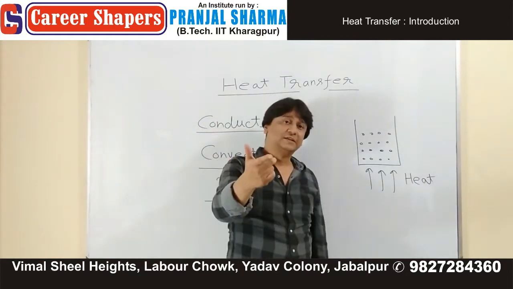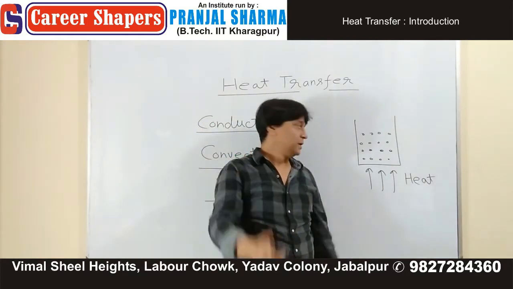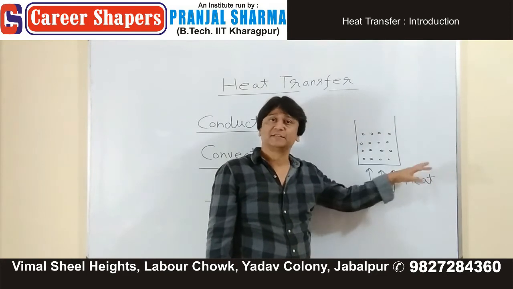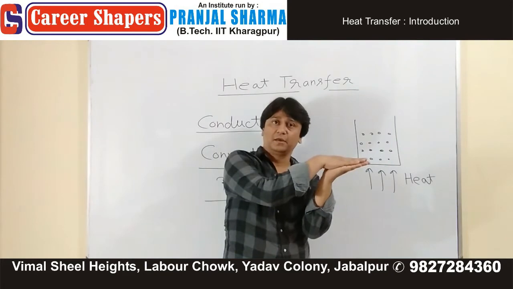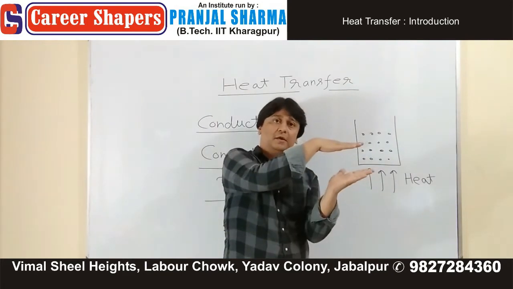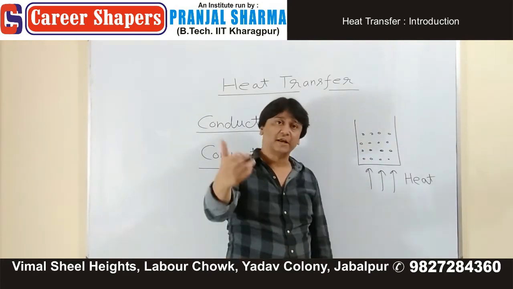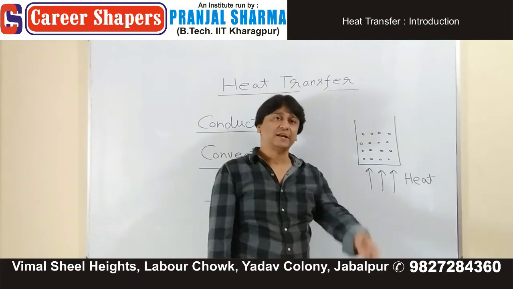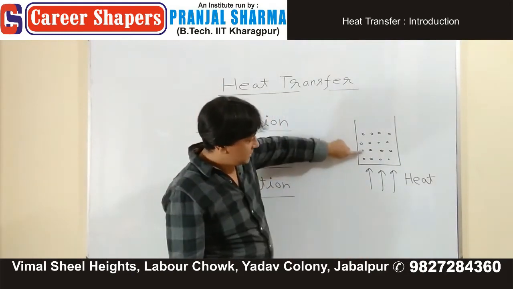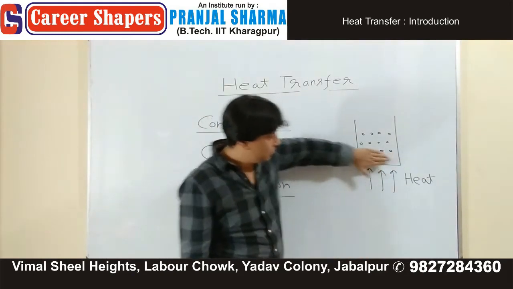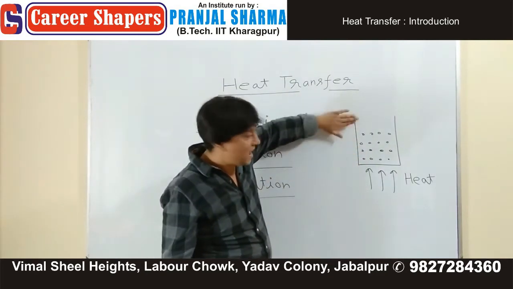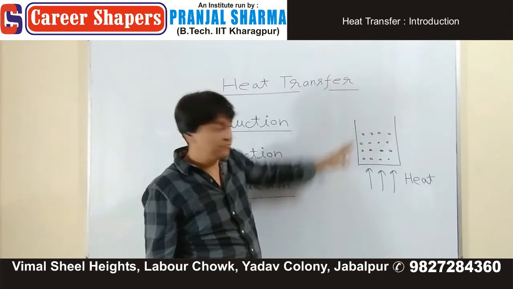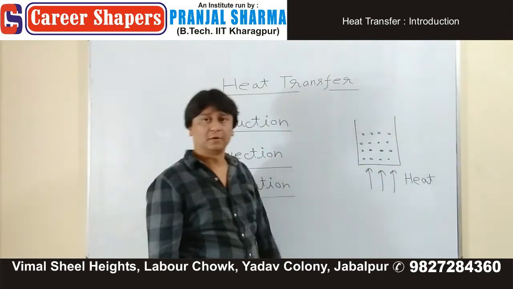which results in what? Decrease in the density. पहले लेयर पास पास में थी, अब दूर हो गई हैं. दूर होने का मतलब क्या है? डेंसिटी क्या हो गई है? डिक्रीज. Density means this lower portion becomes lighter as compared to the heavier layers on top of this portion.